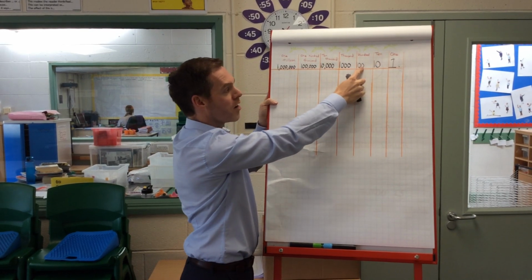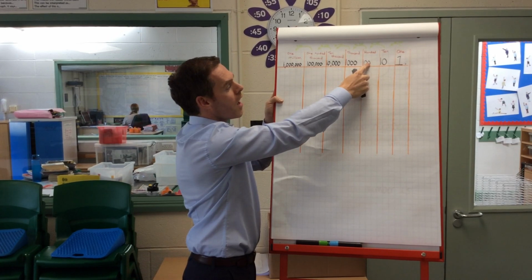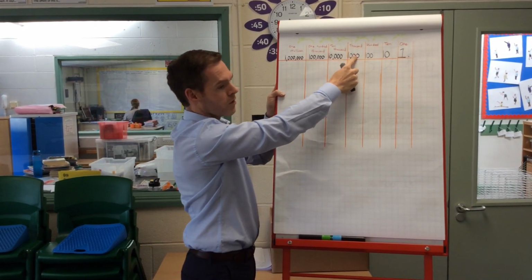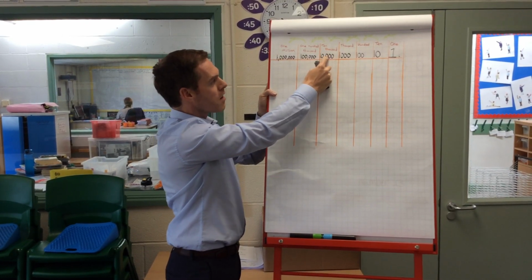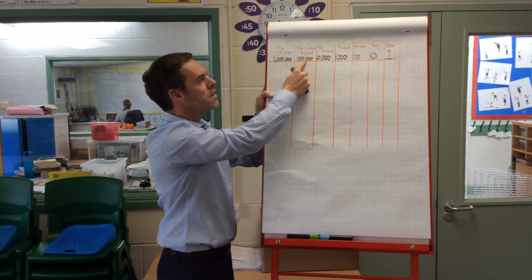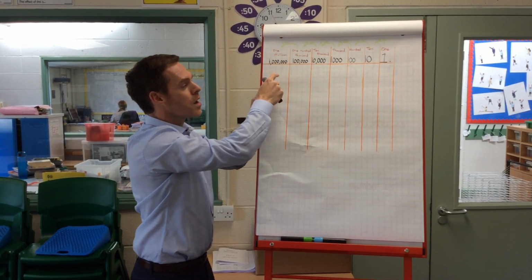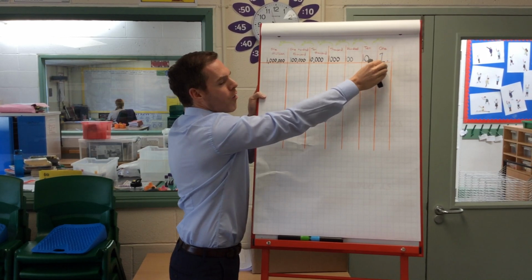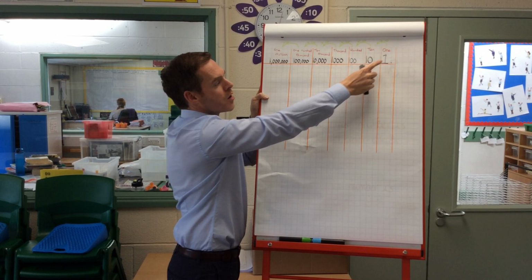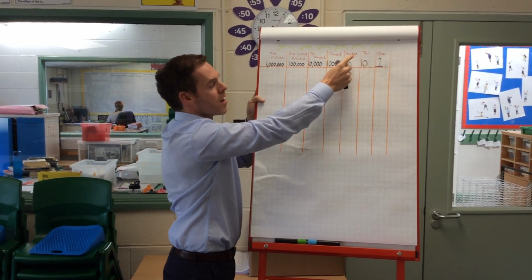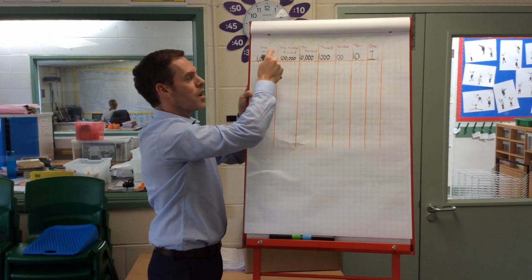The next column is the hundreds column, and 10 times 10 is 100. 100 times 10 is 1,000. 1,000 times 10 is 10,000. 10,000 times 10 is 100,000, and 100,000 times 10 is 1 million. So when you get 10 groups of one place value, it makes one group of the next place value. Okay, so 1, tens, hundreds, thousands, 10,000s, 100,000, and 1 million.